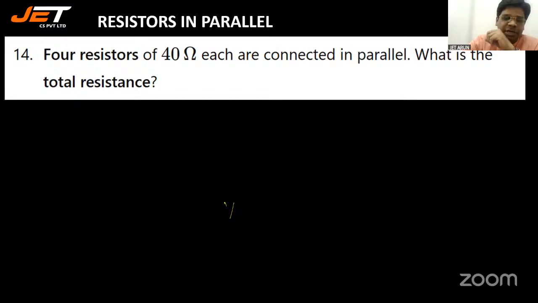So Tejasri, please attempt again. They are in parallel. If we do series, 40 into 4 gives 160. But the question says four resistors, 40 ohms each, are connected in parallel.